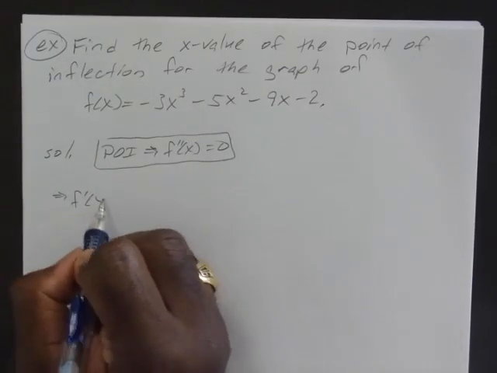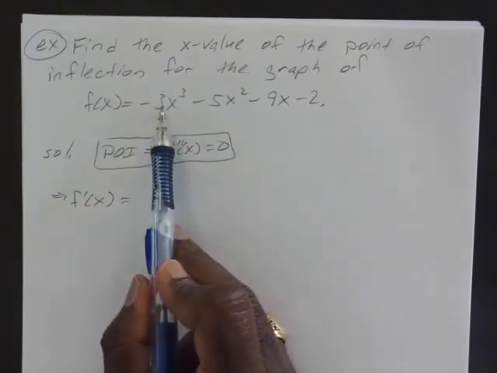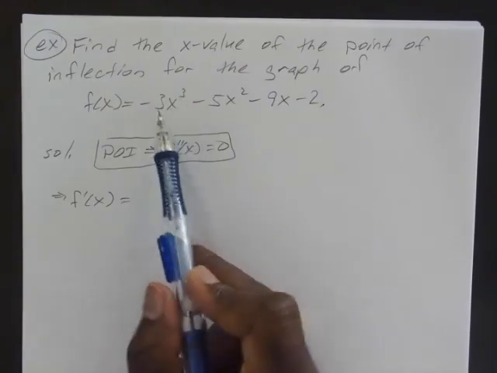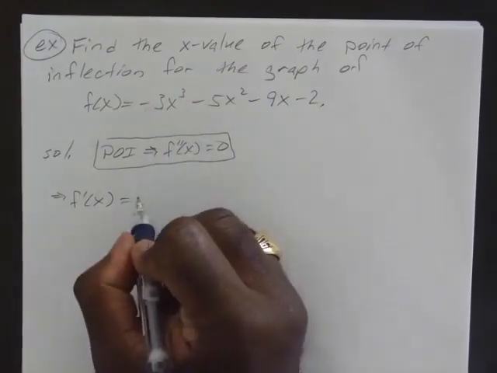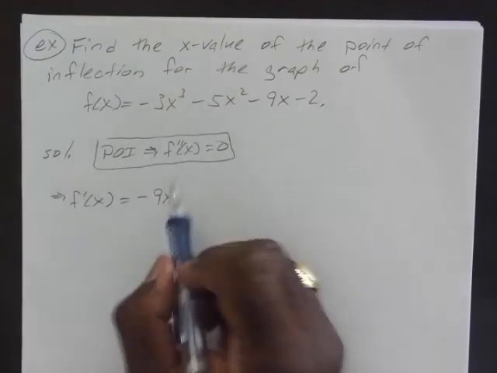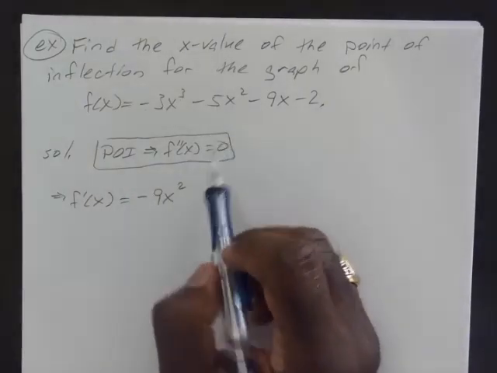So we know that our first derivative: the derivative of negative 3 times x to the third power, we bring down the 3. So negative 3 times 3 is negative 9 times x to the power of 3 minus 1, so it's squared. Minus the derivative of 5x squared.